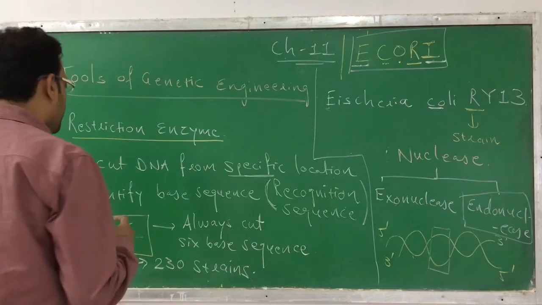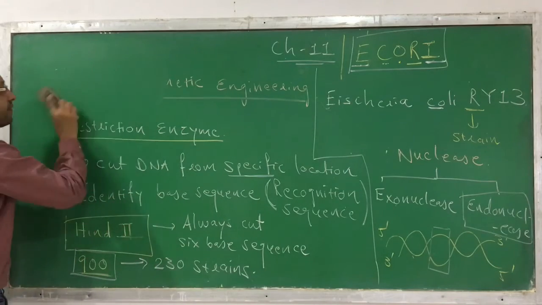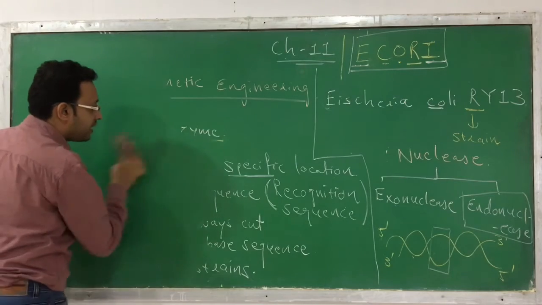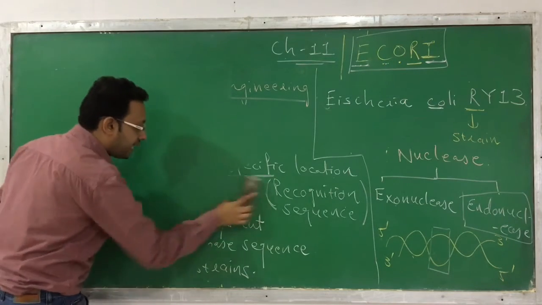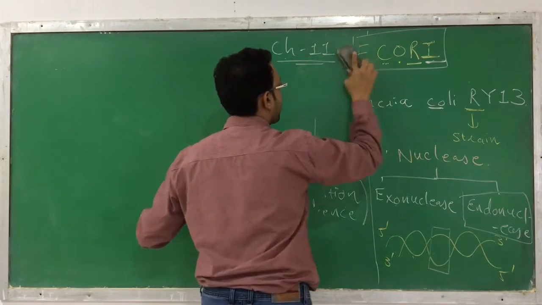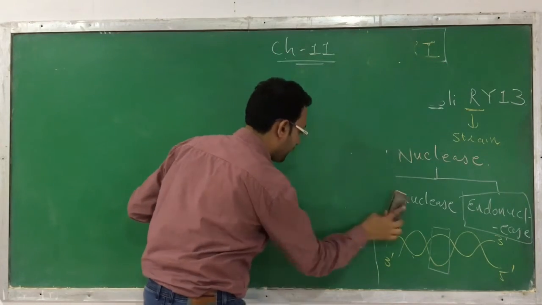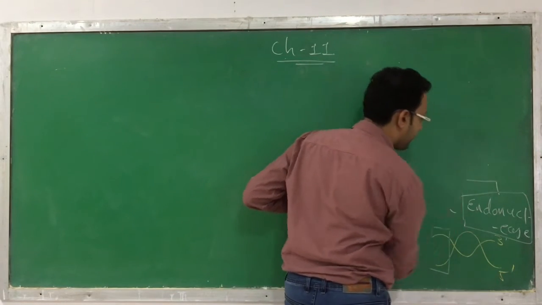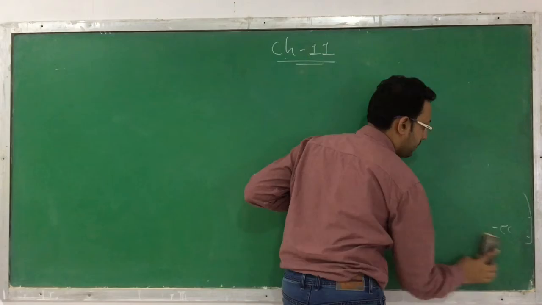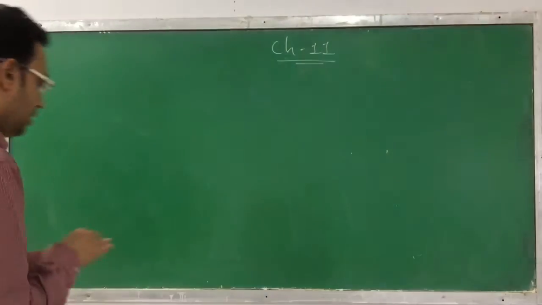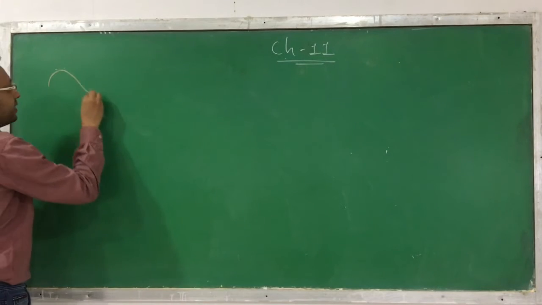Now you know that they cut the DNA from specific sequences or specific locations, which we call recognition sequences. So see how the cutting can occur. Suppose this is the structure of DNA.